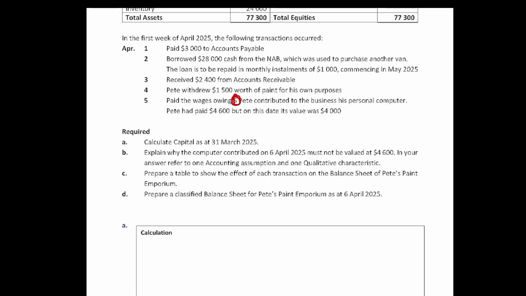Next line, right? On the other hand, what is more useful for decision making?